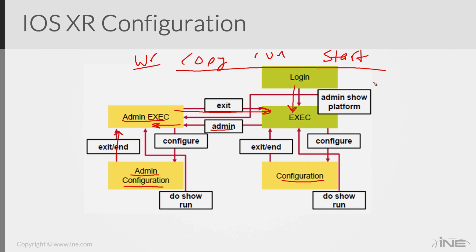These commands have no bearing and they don't do anything anymore. If you're in IOS, you obviously know what these guys do. They save your running config to the startup config. So if there's a reboot, your config will come back to you. Where in regular XR, or inside of XR configuration, the commit option is what you do to save your configuration. You commit that to the running config, and it automatically saves that in the startup config.